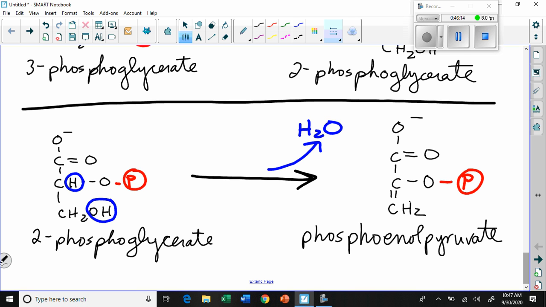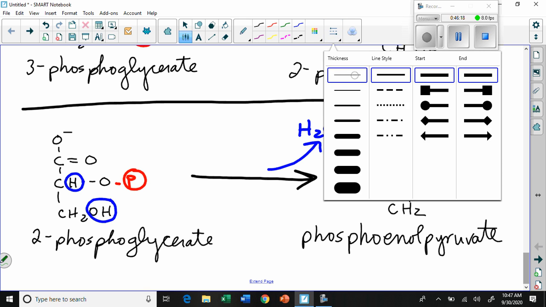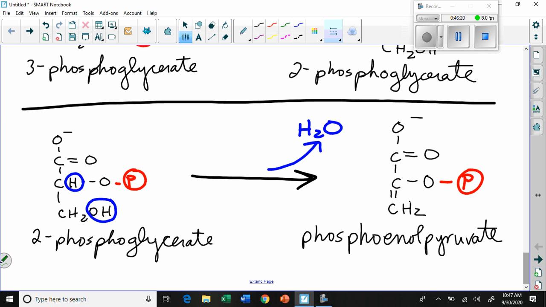And then we have the enzyme that goes with it, and it is called enolase. Phosphoenol pyruvate. The enzyme is enolase. All right, one step to go.